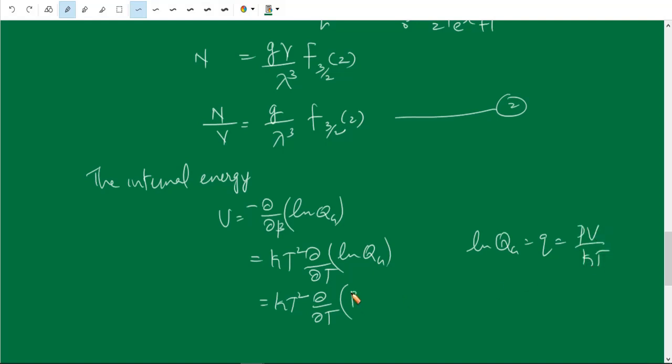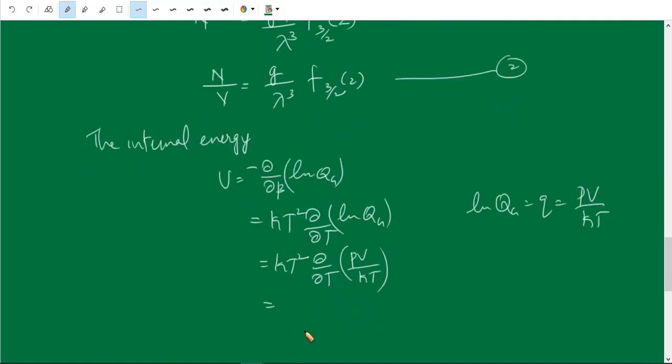So we can replace it, as we have already derived the expression for PV divided by kT.